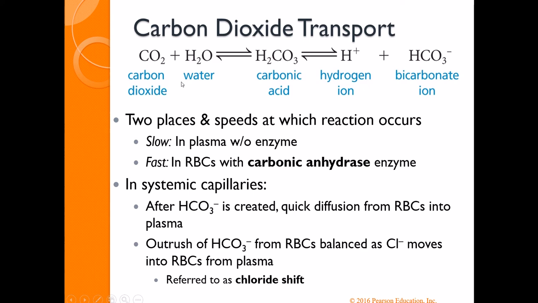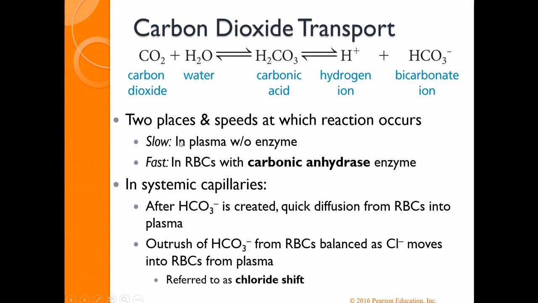There are kind of two places and two speeds at which this reaction occurs. It can occur directly in the plasma. It's a little bit slower because there's no enzyme for this reaction to take place. But our red blood cells have an enzyme called carbonic anhydrase, which basically catalyzes this reaction so that it occurs more quickly.